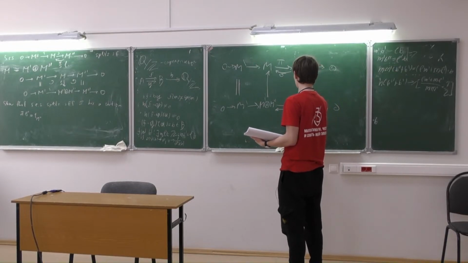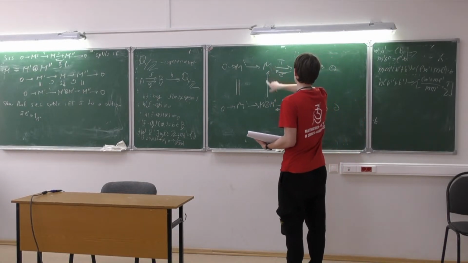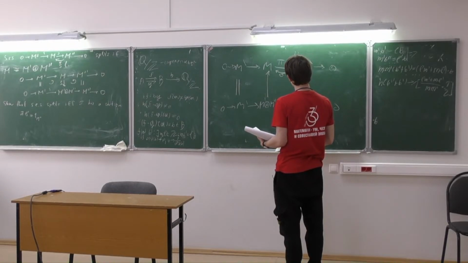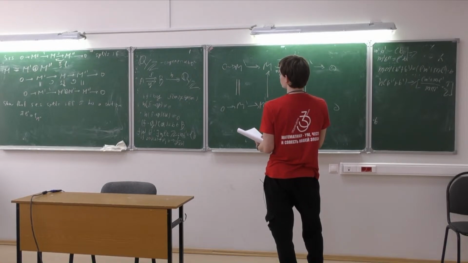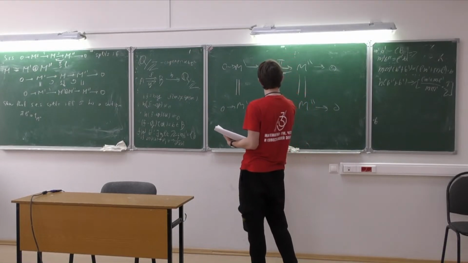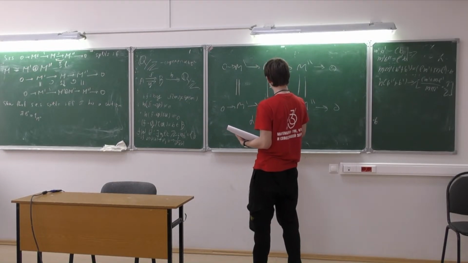This one, alpha, I, P. I want to show that alpha I P is the identity on M.